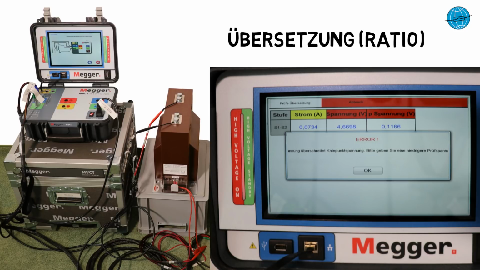Here, the user must first perform the saturation test to determine the knee point voltage and then set a slightly smaller value for the ratio test, no matter if you know it. It is easier if you test with the option Test All and activate the option for the saturation test. In this case, the test voltage for the ratio is automatically taken from the previous knee point determination and the user can relax.